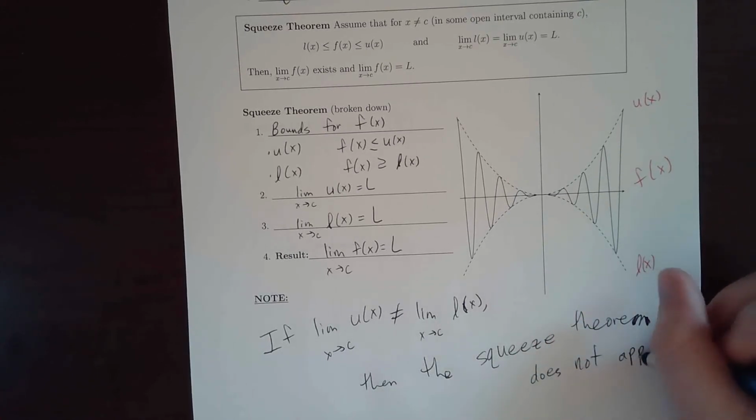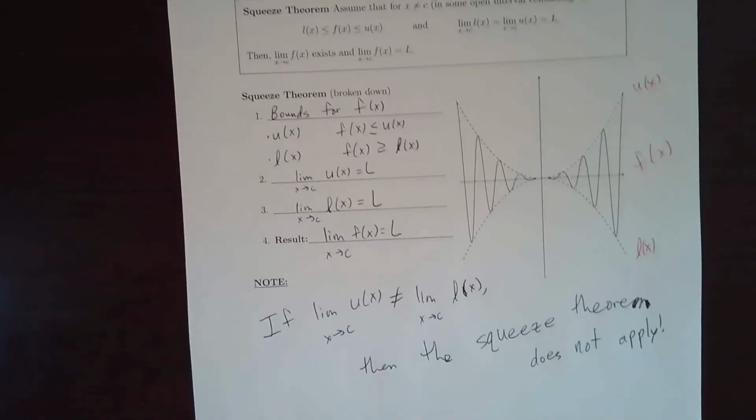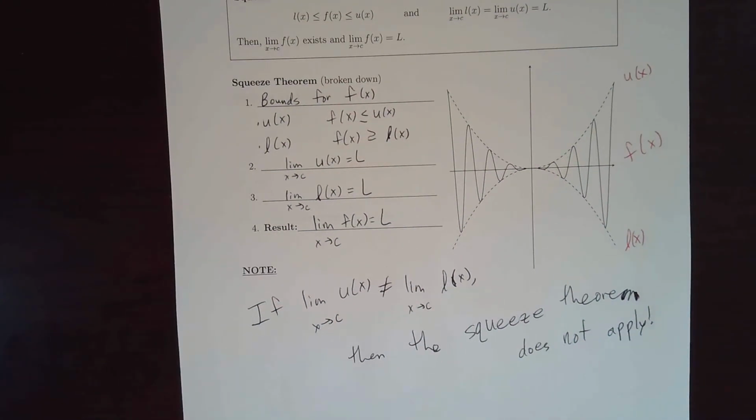So it tells us nothing at that point. So we need to make sure that those limits for the lower and upper function end up being the same. Otherwise, the squeeze theorem won't be our go-to tool.